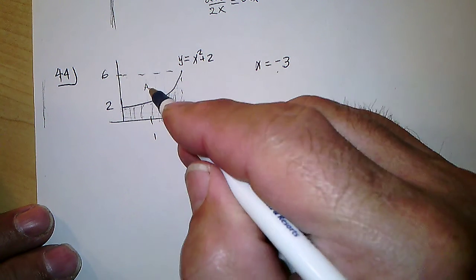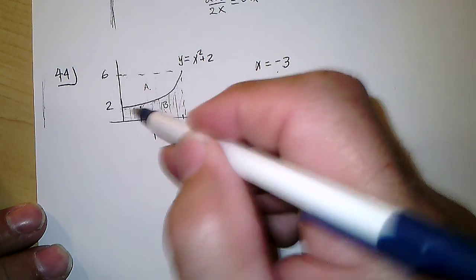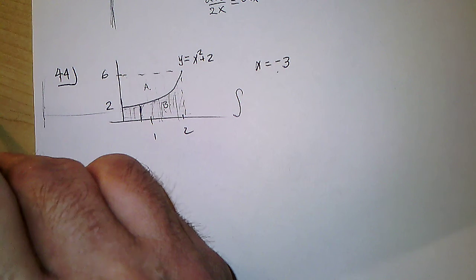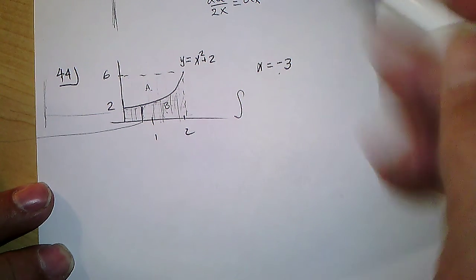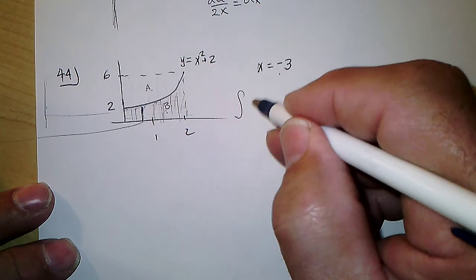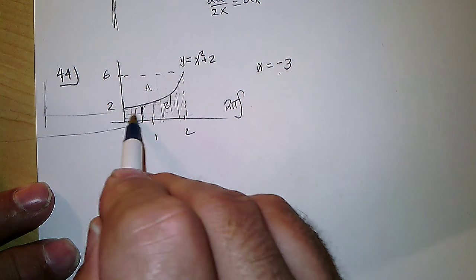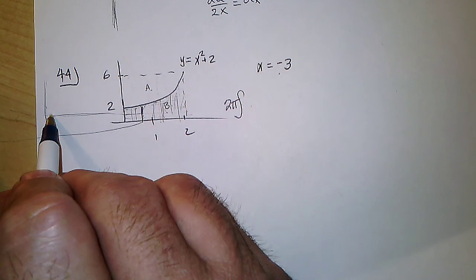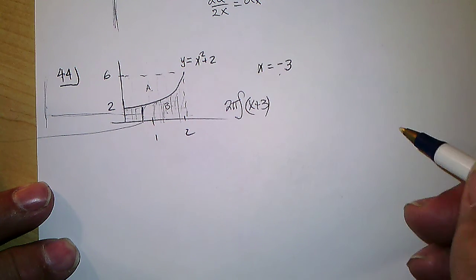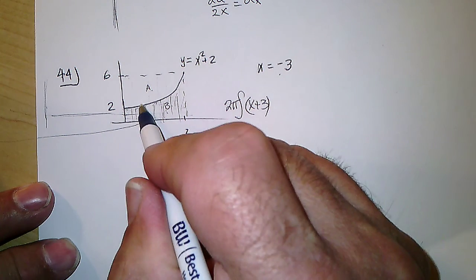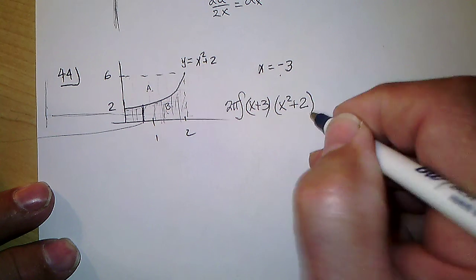So for B, which I think it is, the slice in the shell would be matched way over there. It would be 2 pi r, which is x plus 3, times the height, which is y, which is x squared plus 2.